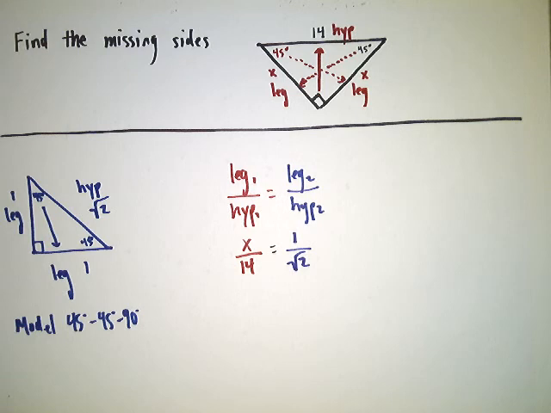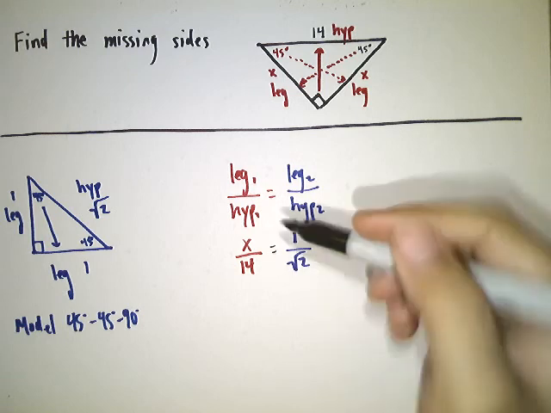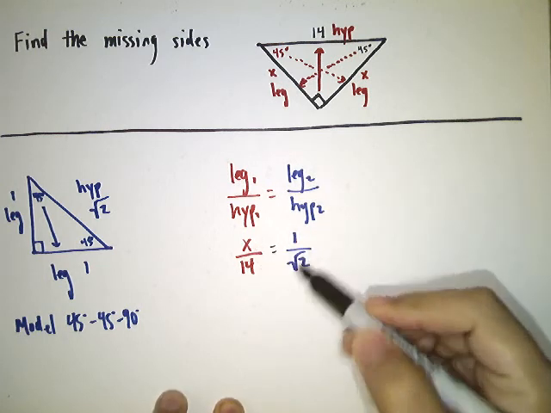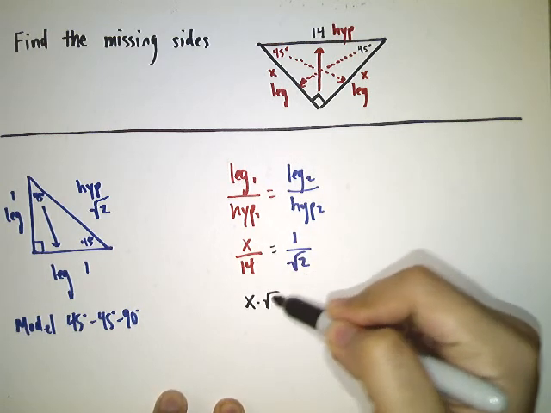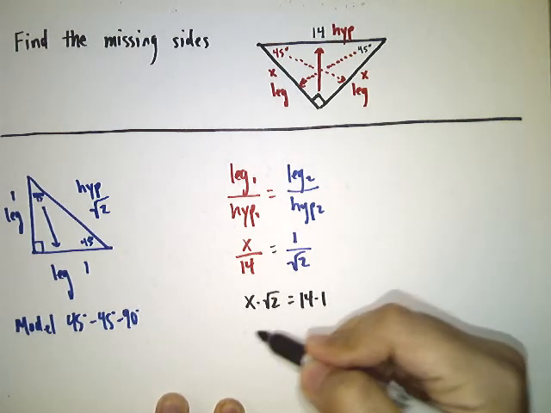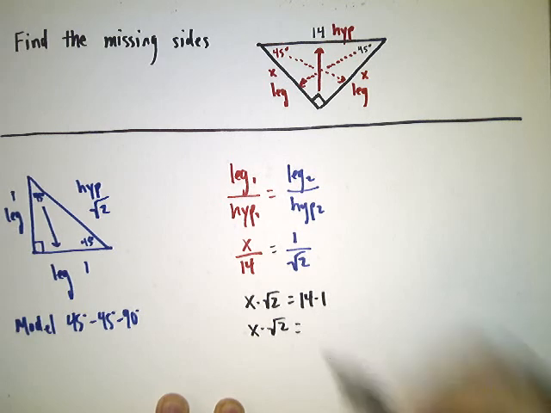Now we want to cross multiply. So we get x times root 2, and that equals 14 times 1. In other words, x times root 2 equals just 14.